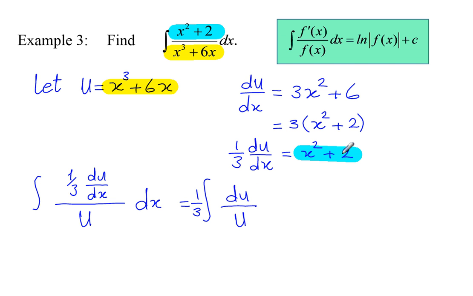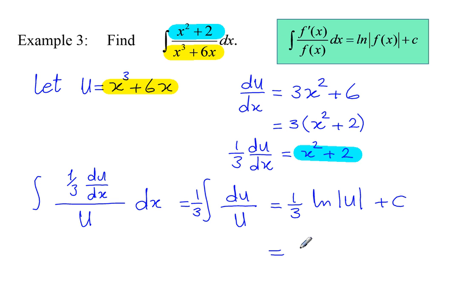And now that brings us back to this here, the derivative of a function divided by the function. So the integral is ln modulus the function. So that will be 1/3 of ln modulus u plus constant.